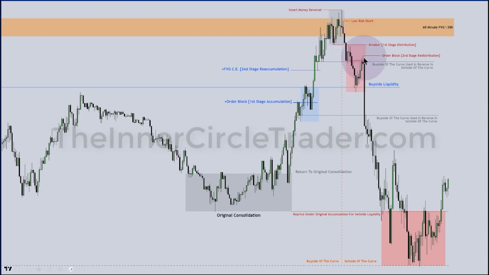So where would the second stage distribution or redistribution be? In other words, instead of saying this one is your second stage redistribution, which means it's going to be the highest degree of speed, magnitude, and impulsiveness to go lower quicker, if it's not this one, and you've classified that as your first stage distribution, you're surprised with a sudden drop, and you're going to be standing there like a deer in headlights thinking, what am I supposed to do?